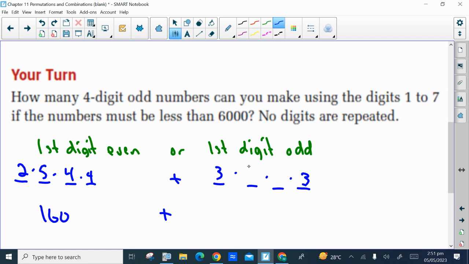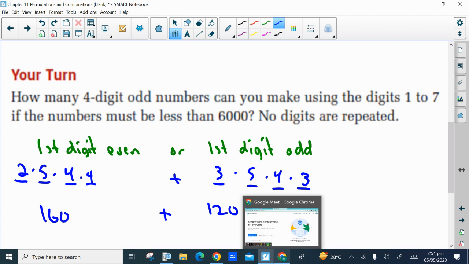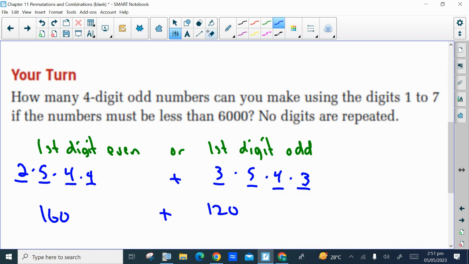We've used 2. There's 5 times 4 left for the remaining. So here, 5 times 4 is 20, times 9, excuse me, should be 180. 3 times 3 is 9. And 160 plus 180 gives us 340 altogether.